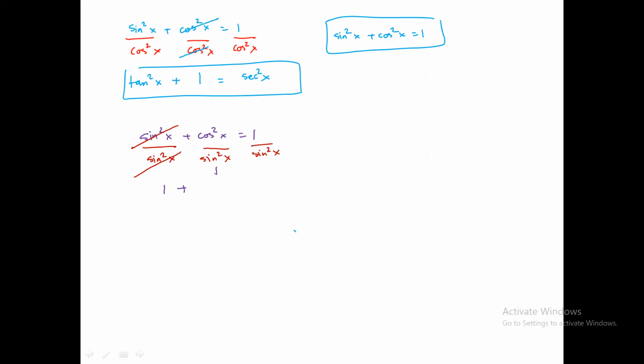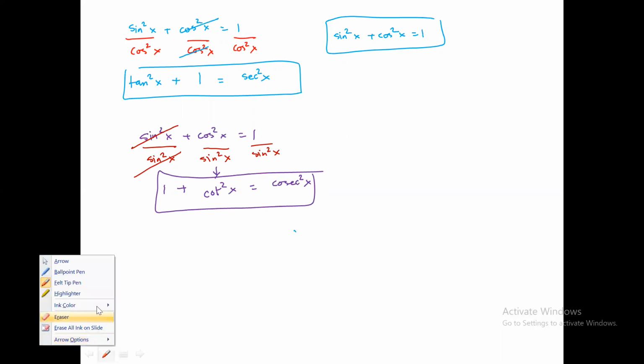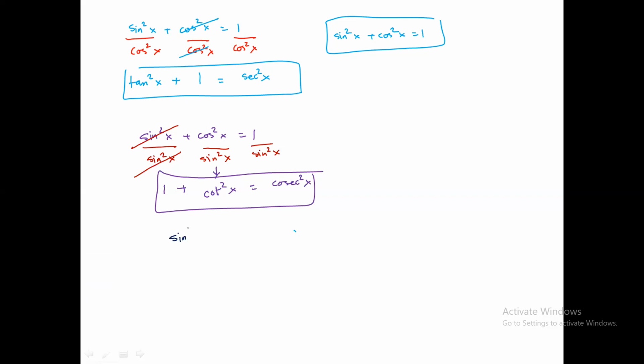Cos square x by sin square x is cot square x equal to 1 by sin square x is cosecant square x. This is another form. So till now I told you 3 formulas. Let me write them. One is sin square x plus cos square x is 1. The other one is 1 plus tan square x is secant square x. The third one is 1 plus cot square x is cosecant square x.